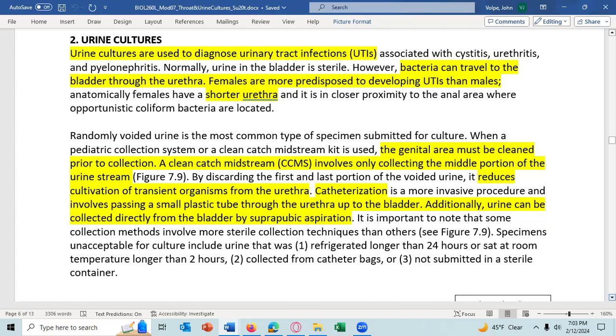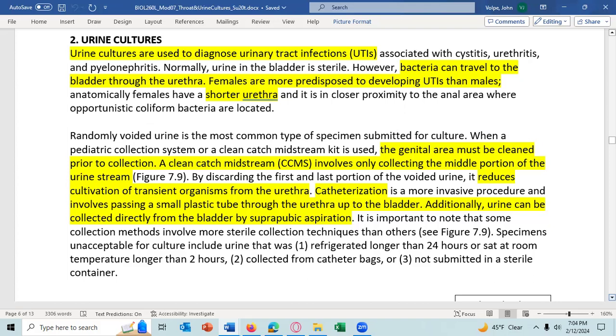To sample the urine to determine whether the patient has a urinary tract infection, the genital area must be clean prior to collection, and then you obtain a clean midstream collection where you start voiding the urine, and then in the middle of the urine you collect it for the clean midstream.